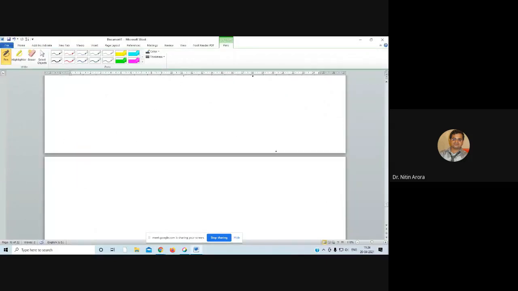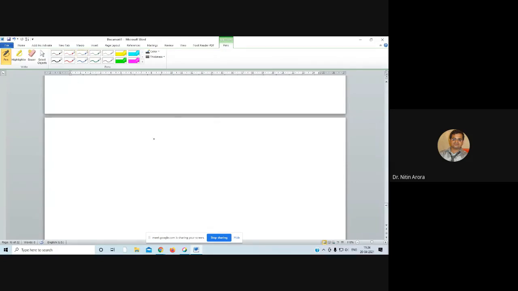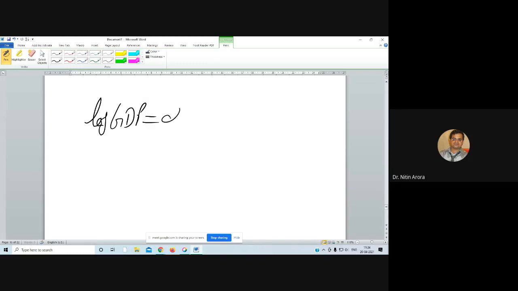Now I want to show you how to test the restrictions using Gretl and how to see the joint significance of two coefficients. Let me tell you some theory about these tests. For example, I am regressing log of GDP on alpha naught plus beta t.